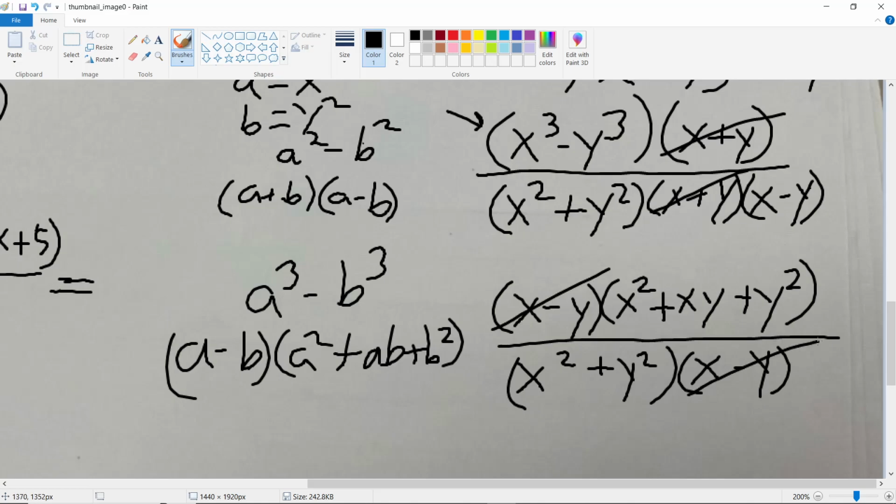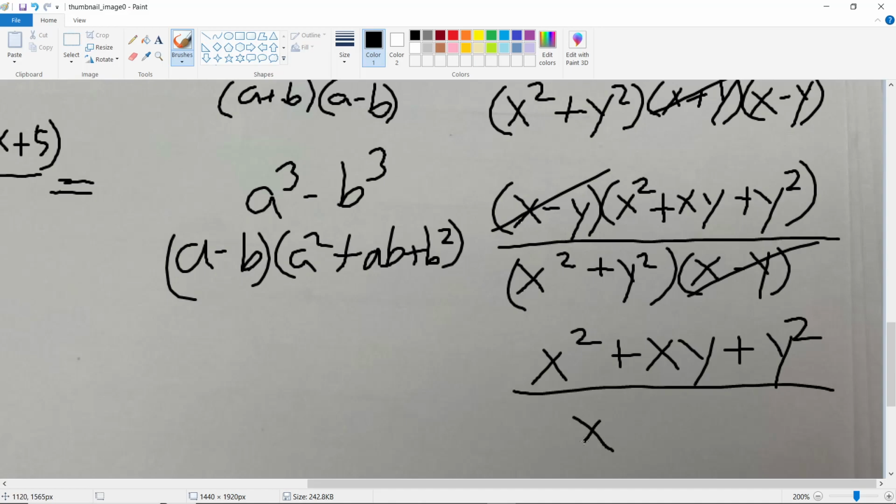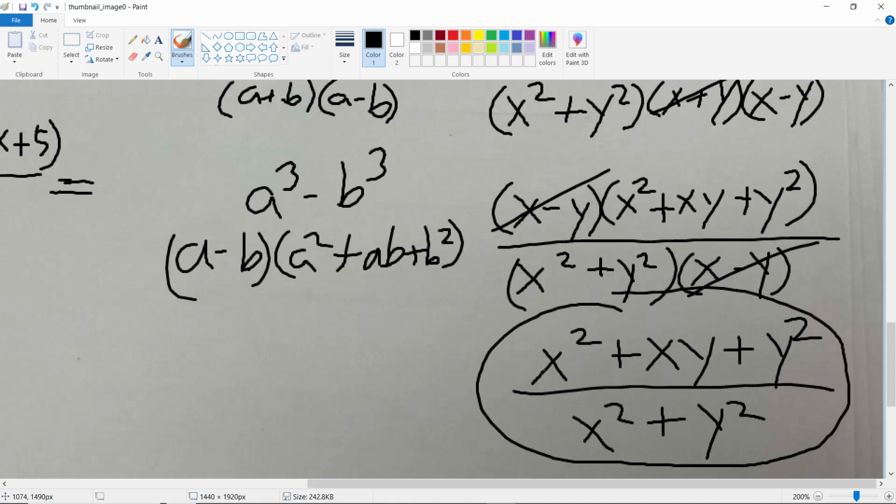And those cancel, and what's left is x squared plus xy plus y squared, cannot factor that, divided by x squared plus y squared. Cannot factor that any further. So that's it. This x squared plus y squared on the bottom cannot cancel with x squared plus y squared in the numerator, because in order to cancel, it would have to be in each one of these terms, and it is not.